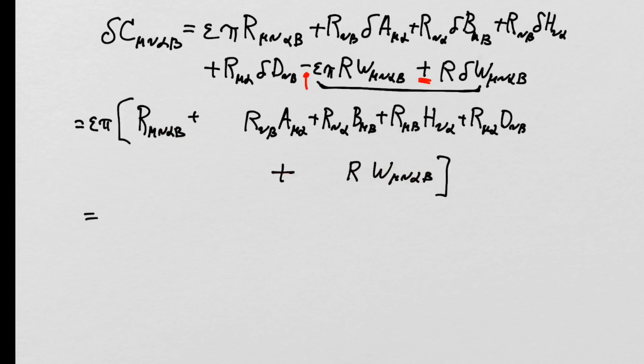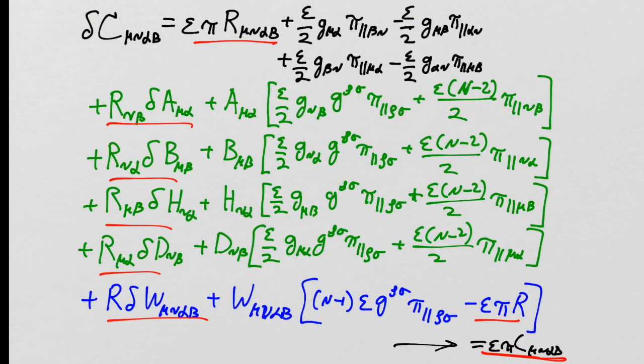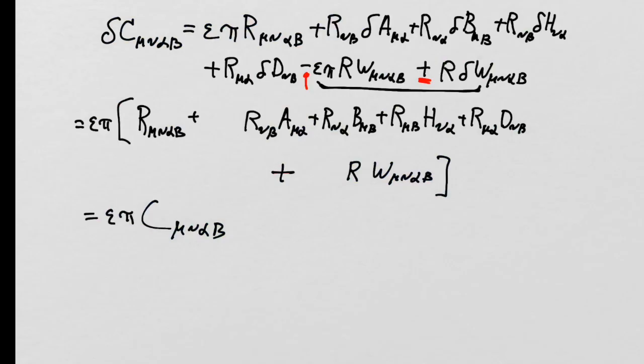So what does this end up equaling? It ends up equaling epsilon pi times C mu nu alpha beta, which, by the way, is exactly what we were after, right? We were after this to be the case. So our assumed form was actually good. It was actually good.